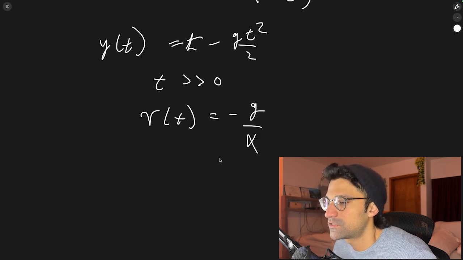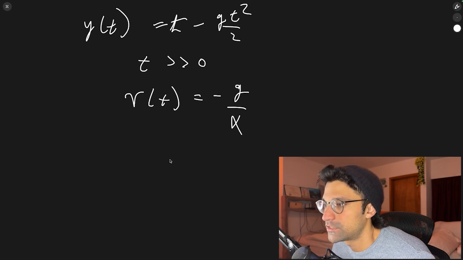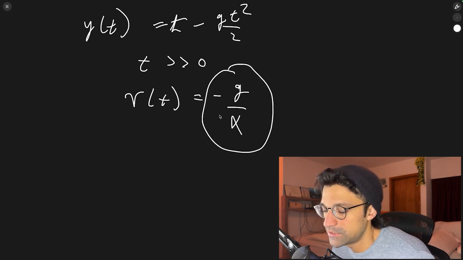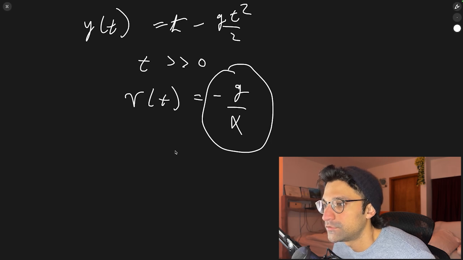Now, does this make sense? Well, it would actually make sense because this value is actually the terminal velocity. And you can see that because what happens when an object is falling and experiences air resistance, right?